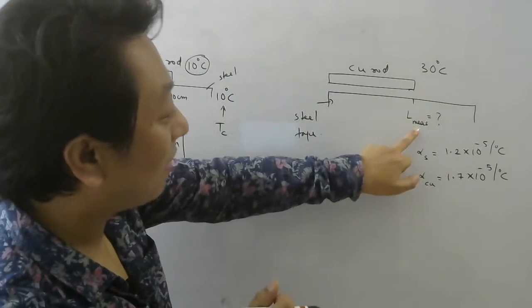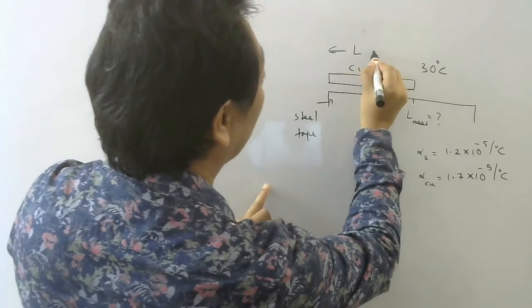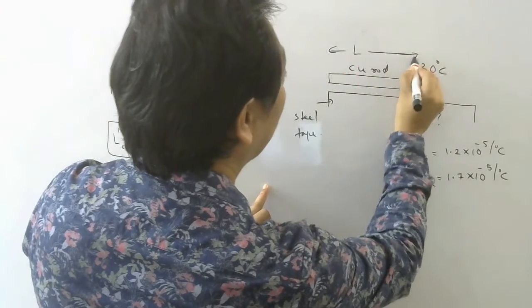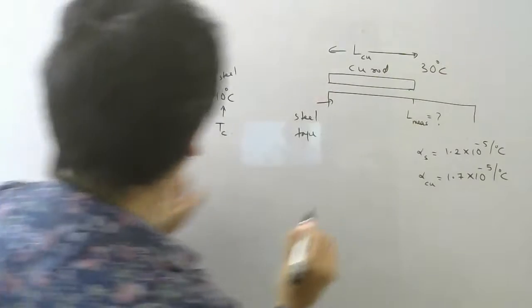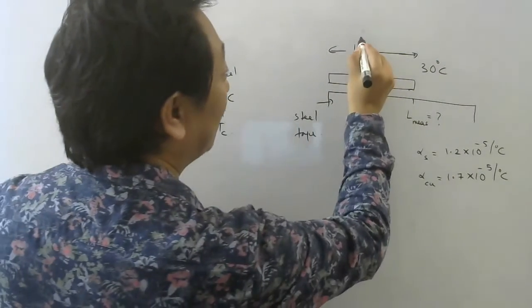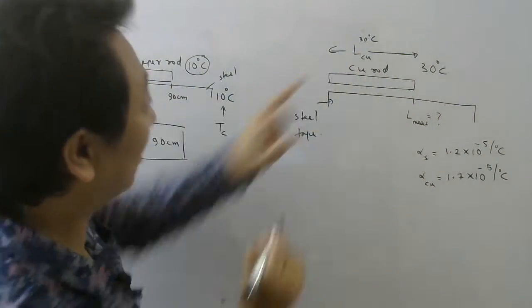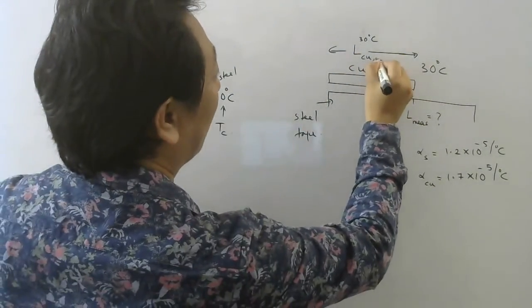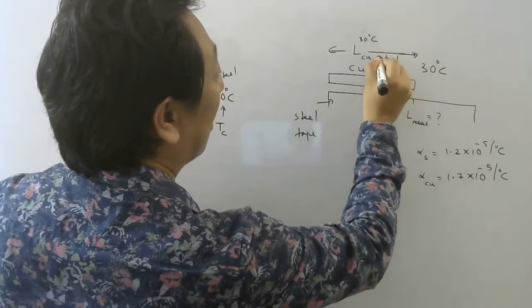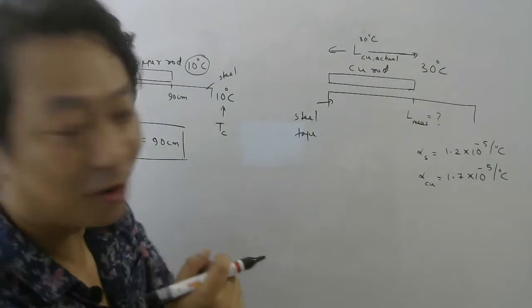Now students, to find this measured length, first I need to find this actual length of the copper rod. But the actual length is not this, remember, because this is at 10 degrees Celsius. Now the temperature is 30 degrees Celsius, right? So remember, this is the actual length. Let me put here comma actual. So how do we calculate this length first? Well, we will use the linear expansion formula.